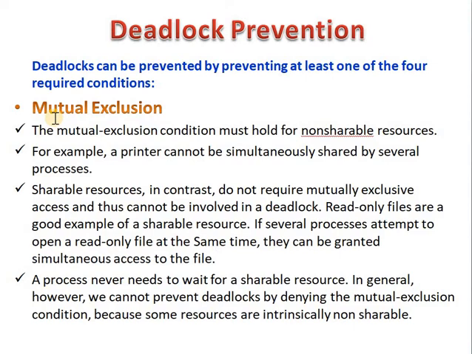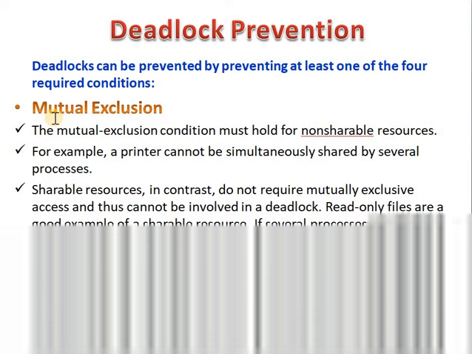Shareable resources, in contrast, do not require mutually exclusive access and thus cannot be involved in a deadlock. A good example of this is read-only files. Read-only files are a good example of a shareable resource.